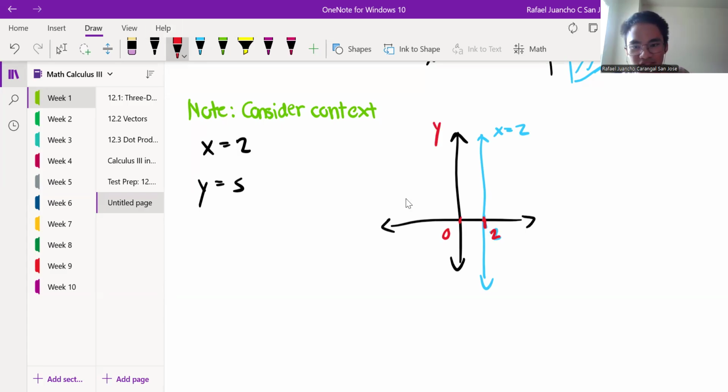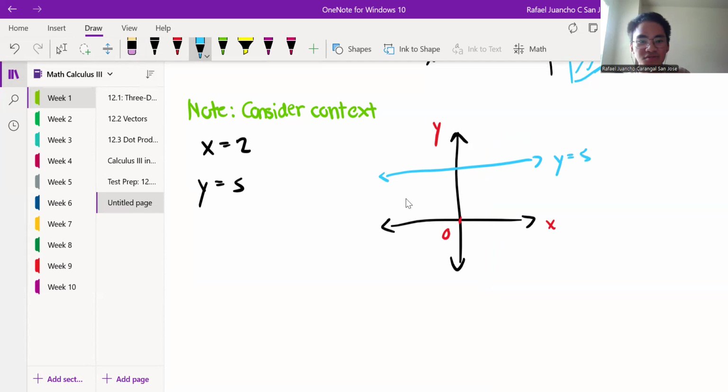Let's say this is y, this is x. y equals 5. I'll not take out the origin. y equals 5 is this one. This line is y equals 5. This is in 2D.